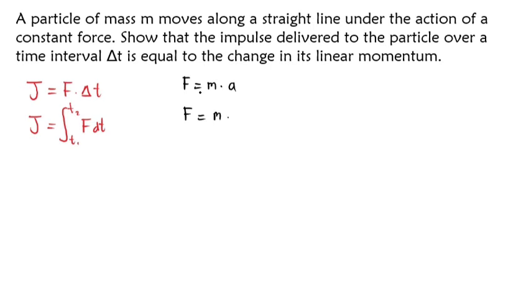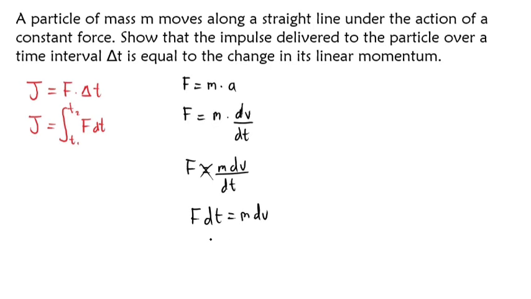It's the change in velocity with respect to time, so a is dv/dt. I can write this as F = m dv over dt. If I cross multiply, then F dt equals m dv.